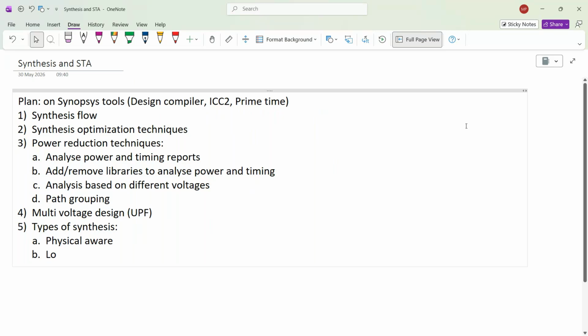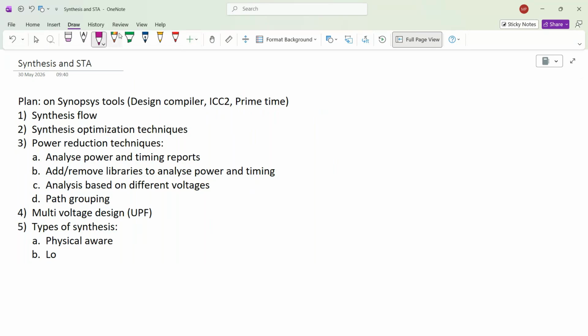For example, I will write the library name which we are having here. I am talking about SS 0P95 M40C, something like this.